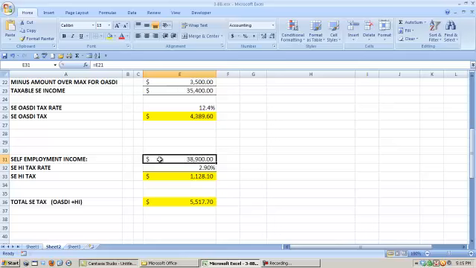There's no maximum here at all. Every single cent is going to be subject to this tax. 38,900 times 2.9% gives us $1,128.10.